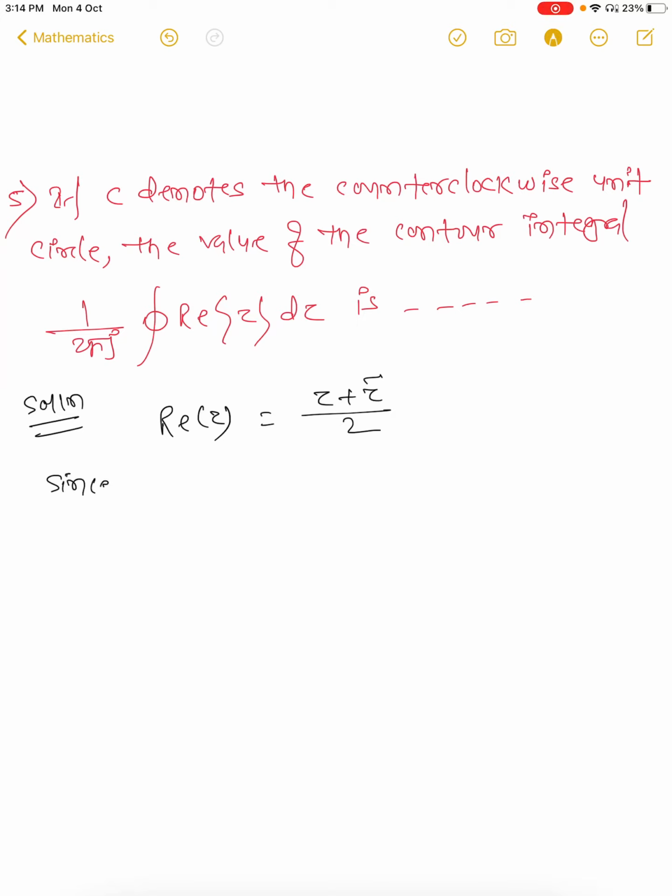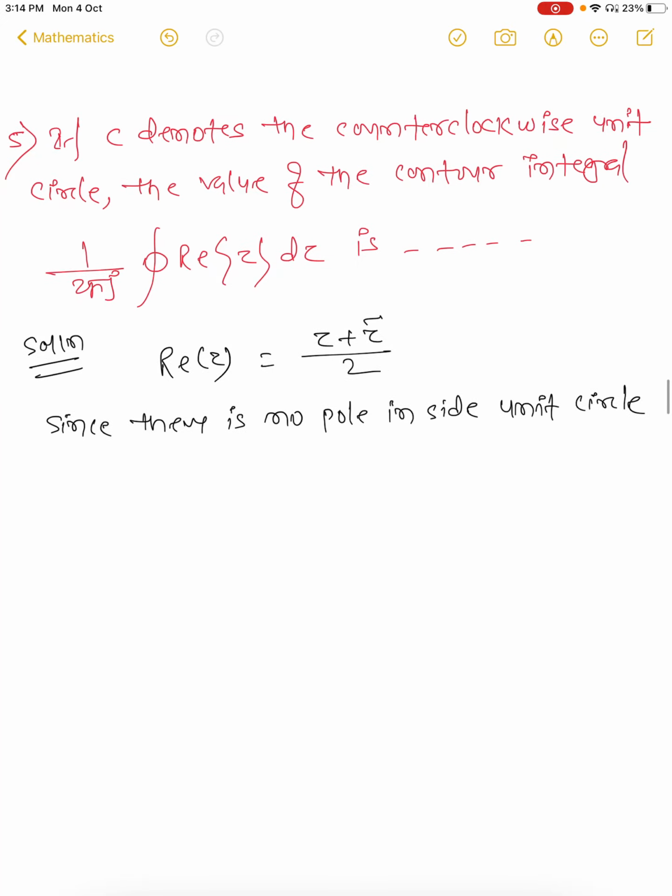Since there is no pole inside the unit circle, the residue at poles is 0.